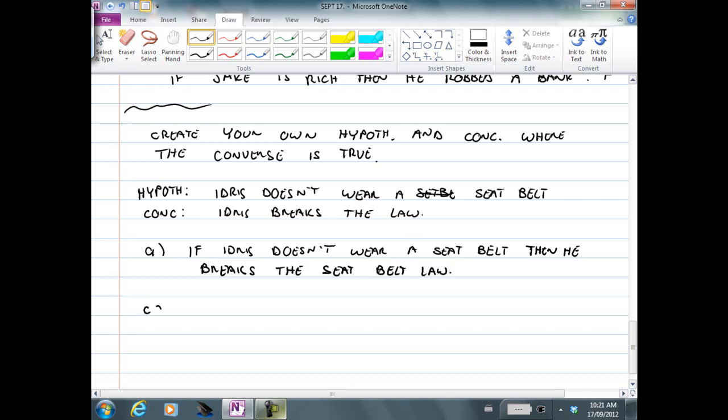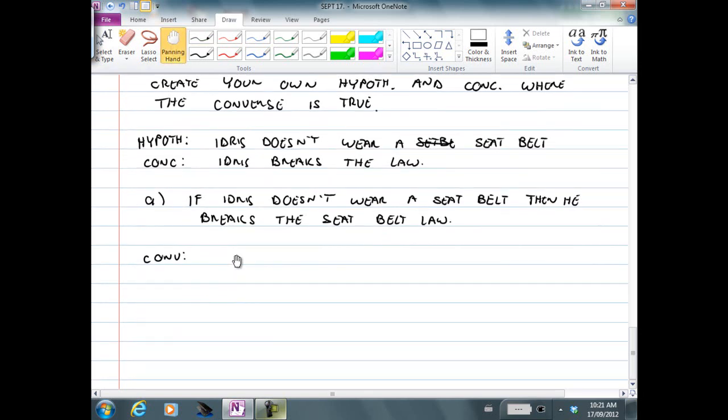My converse is the flip of this. It says, if Idris breaks the seatbelt law, then he didn't wear a seatbelt, which is true. Okay?